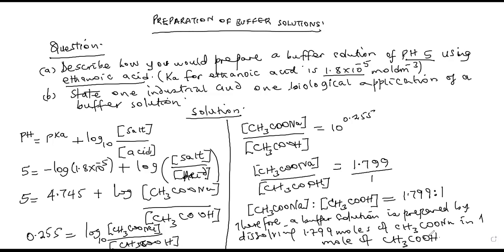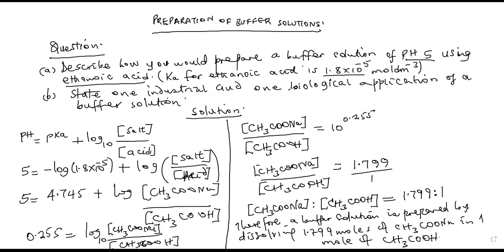As simple as that. Or one can convert these moles to mass by getting the molar mass of sodium ethanoate and the molar mass of ethanoic acid, and then you get masses.